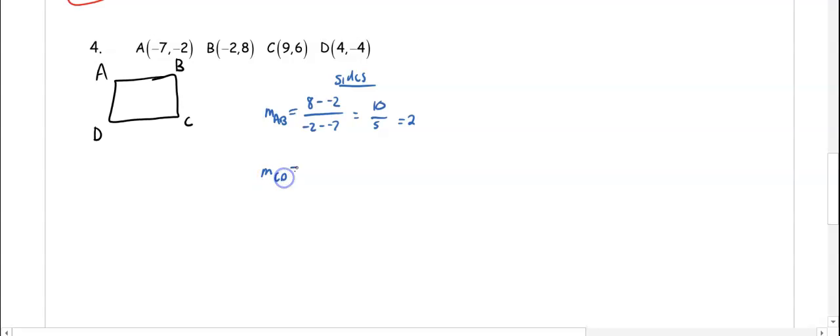Our slope of CD is -4 minus 6 over 4 minus 9, which gets us -10/-5, which reduces to 2. The slopes of our other two sides are AD and BC. So the slope of AD is -4 minus -2 over 4 minus -7. That gets us -2/11.